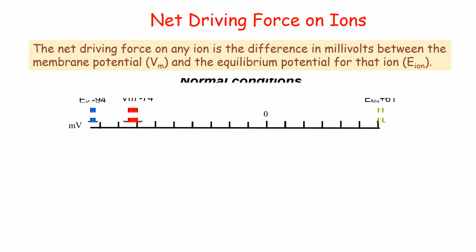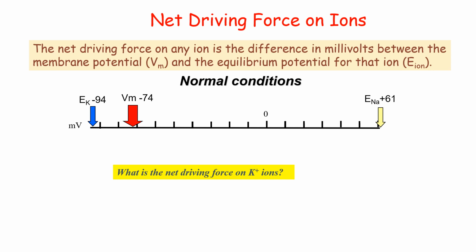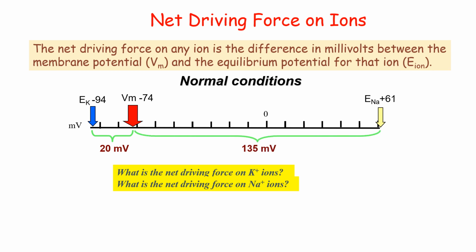So if we talk about potassium, the net driving force for the potassium will be -94 minus 74, that is 20 millivolts, and for sodium the net driving force will come out to be 135 millivolts.